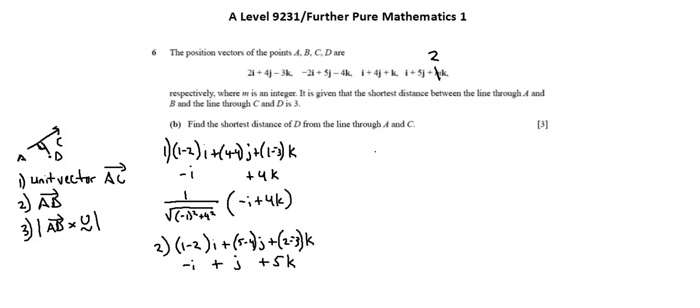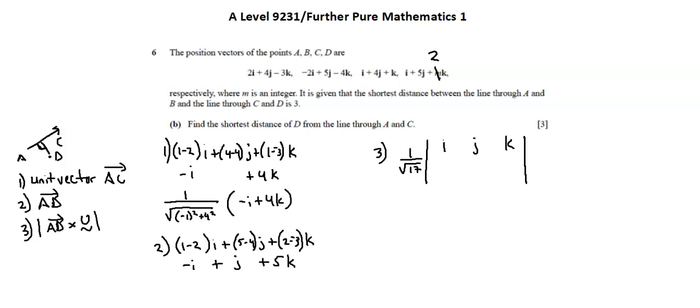For step 3, I'm going to set up a vector product calculation. i, j, k. I'm going to keep the unit vector adjustment, the 1 over the square root of 17, which is what our unit vector factor simplifies to in the last line of step 1. I'll keep that outside.